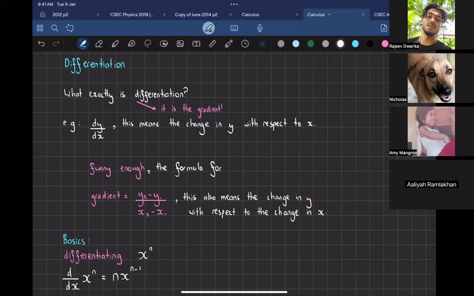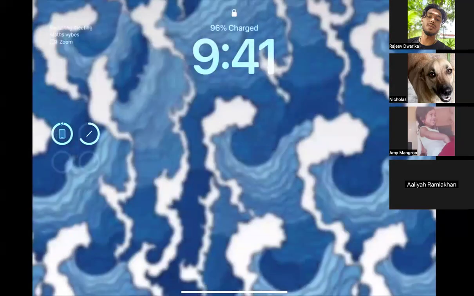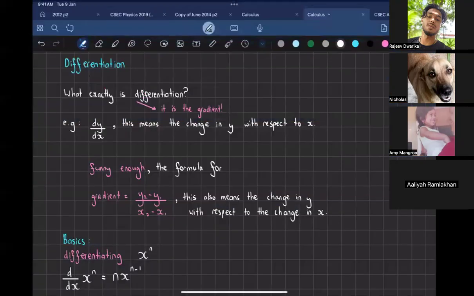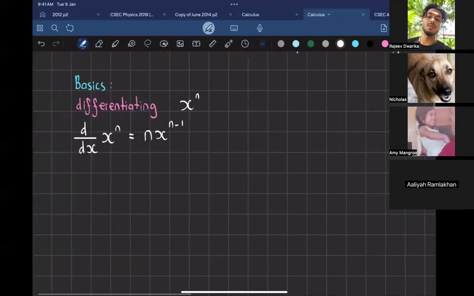So let's do a couple examples of basic differentiation. Let's differentiate x to the power 3, right? So let me just say d dx of x cubed.